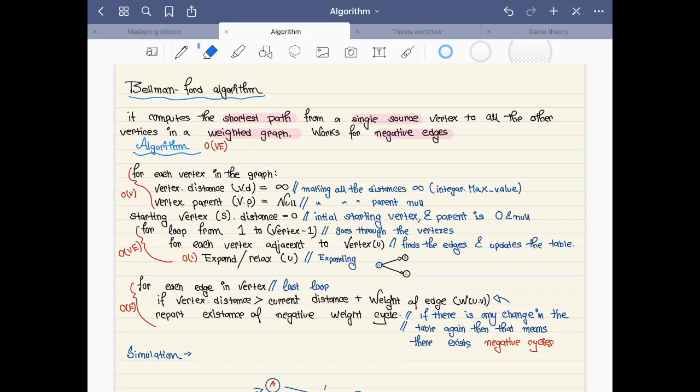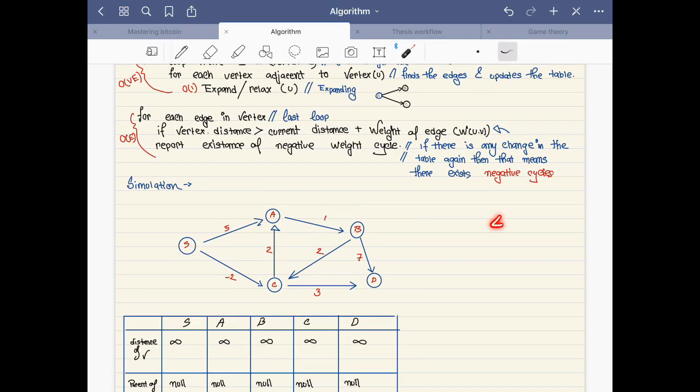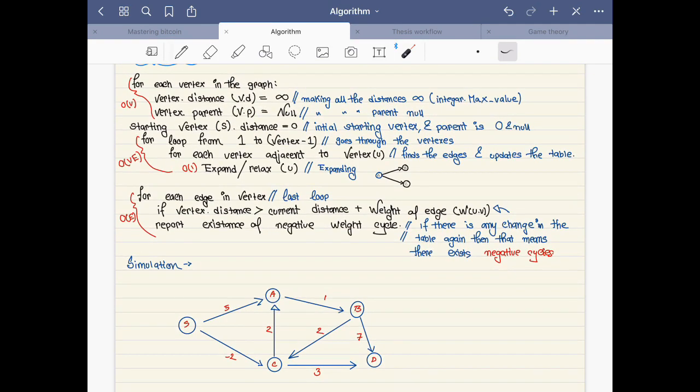Next, we have to define who's going to be the starting node, because we need to start from somewhere. The next for loop goes from 1 to vertices minus 1. In this case we have 5 vertices, so it would go for 4 loops. This is responsible for finding the adjacent nodes of each vertex and updating the parents and the distance.